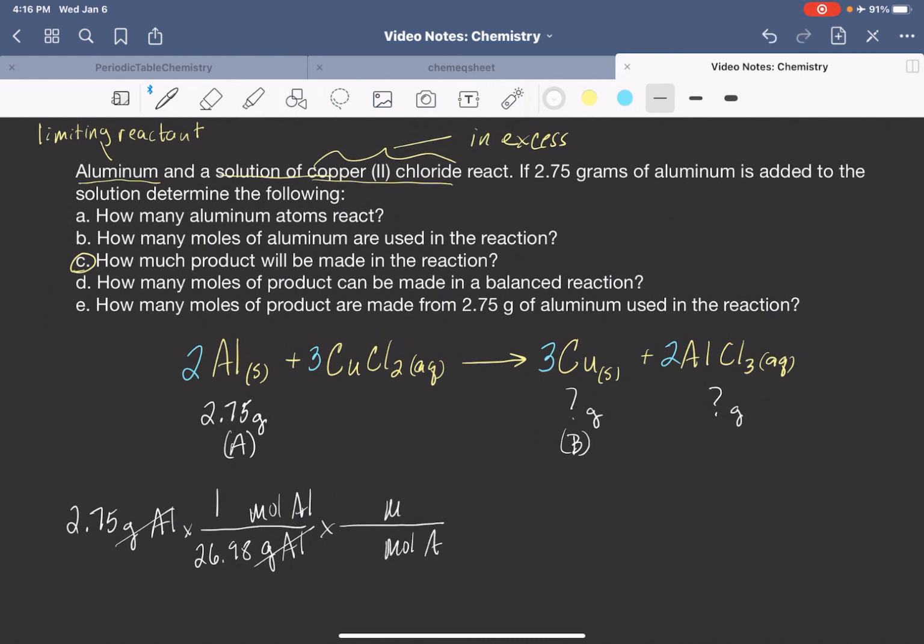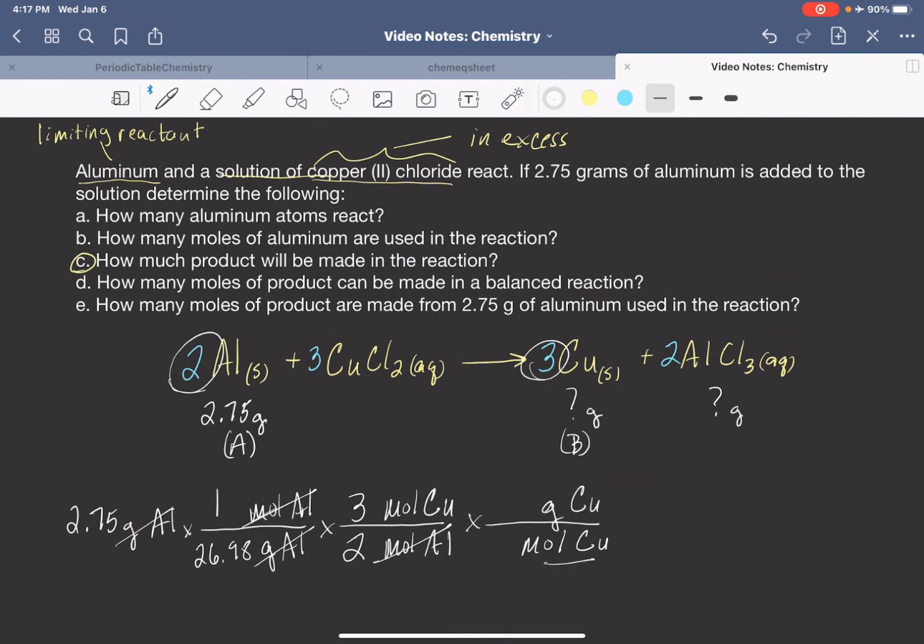Moles of A to moles of B. Well, we can see here that there are 2 moles of aluminum for every 3 moles of B, which is our copper. Okay? Moles of aluminum cancels out. We're going to bring down moles of the copper, and we can convert that to grams of the copper.